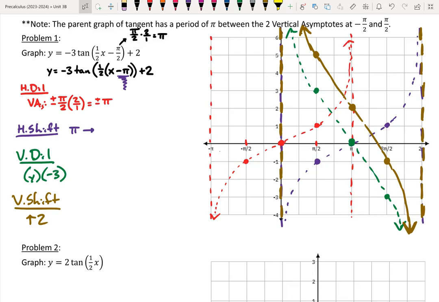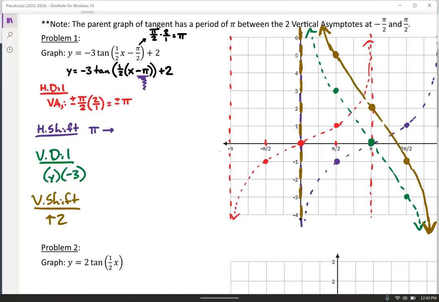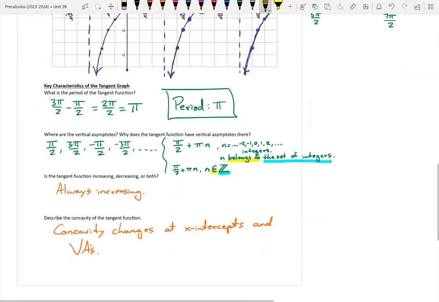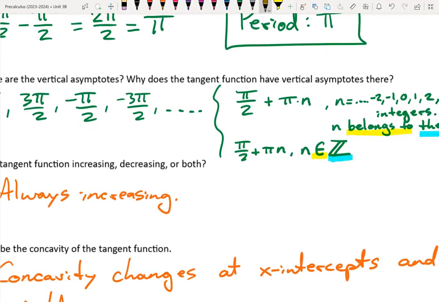And this is going to use the idea that we did yesterday when we talked about our key characteristics. We're going to use this idea here, where we had this pi over 2 plus pi n, where n is an element of the set of integers. And we're going to use this to find an equation for all vertical asymptotes.